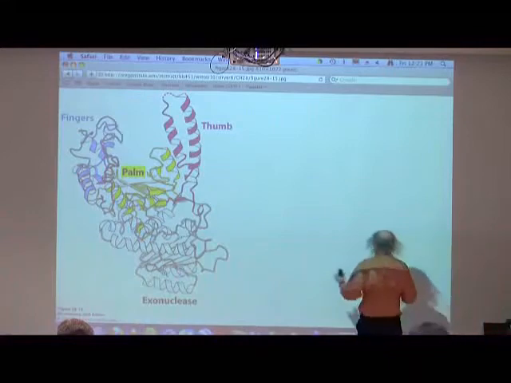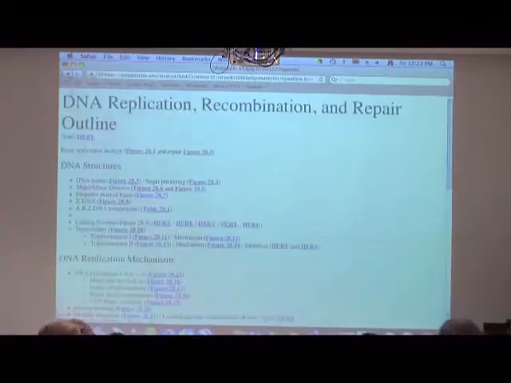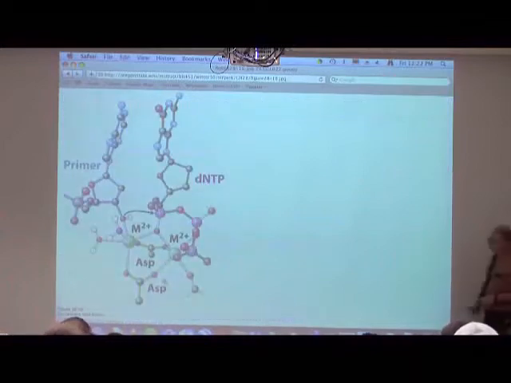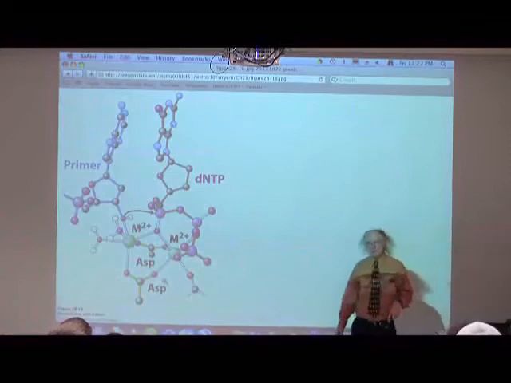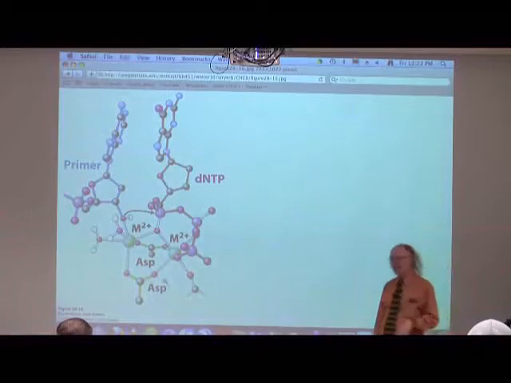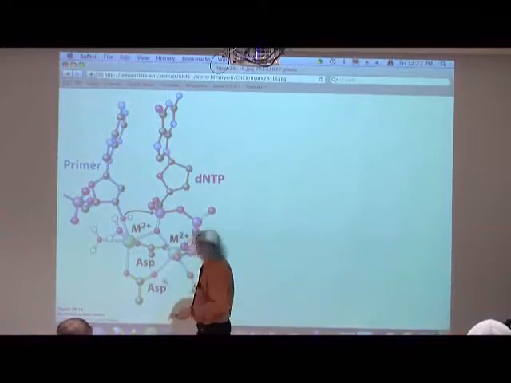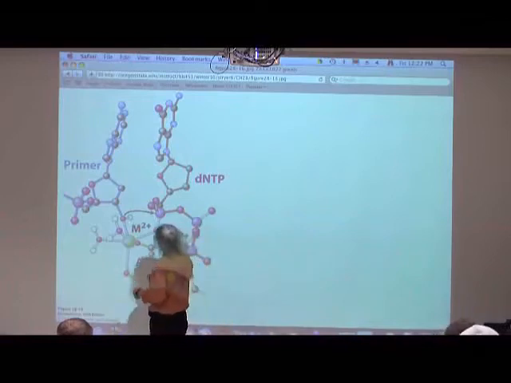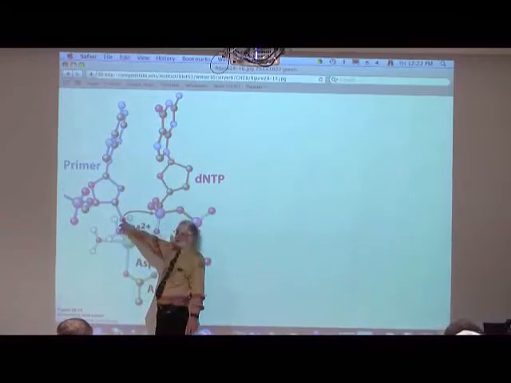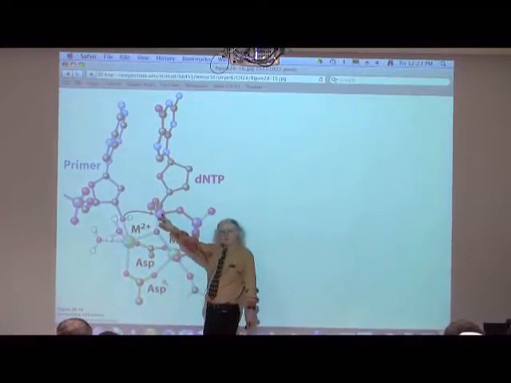All right, so now we start to get an idea about what's happening with enzymes. And we see that DNA polymerase 1 is a pretty important enzyme. DNA polymerase 1 uses metal ions to perform the catalysis. You've seen metal ions do a variety of things. We've seen activation of nucleophiles. And in fact, what's happening in this particular reaction is that a nucleophile, the hydroxyl group, is being activated to attack the alpha phosphate of a triphosphate.